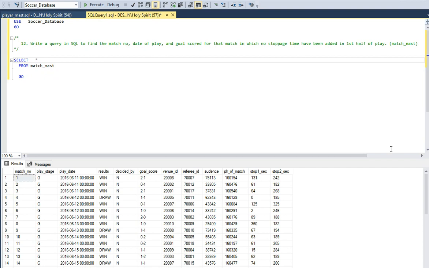Yeah, and the next question is, write a query in SQL to find the match number, date of play, and goals scored for that match in which no stoppage time have been added in the first half of play. Match mast. So these things I have to take: match number.